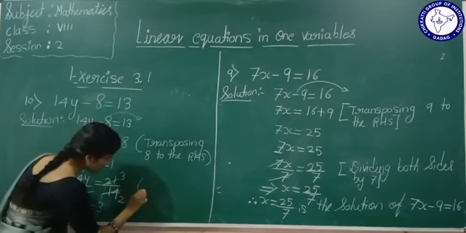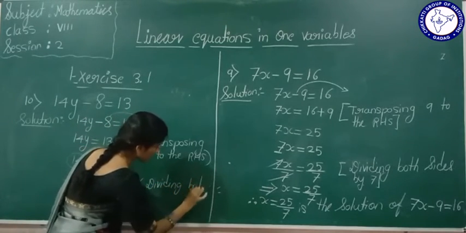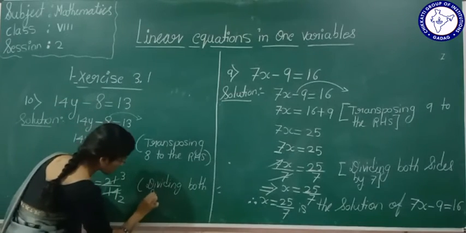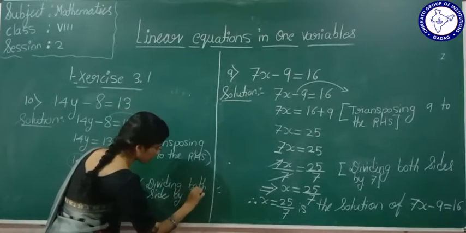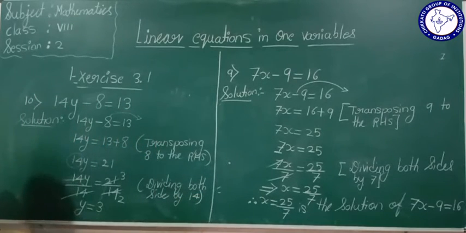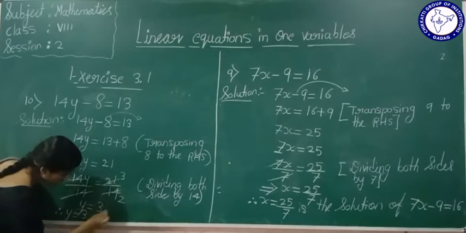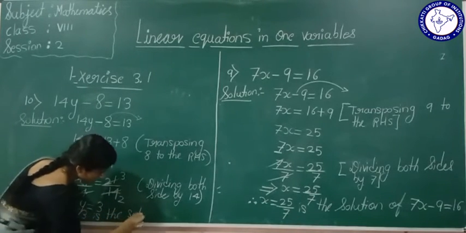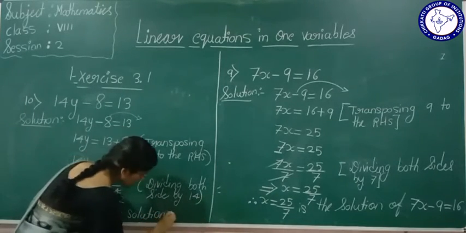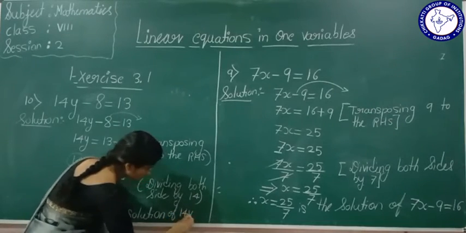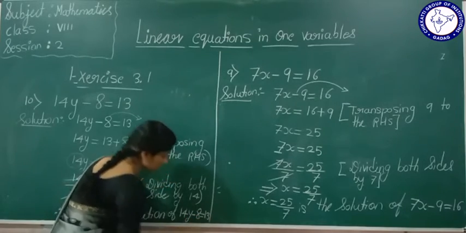So what have we done here? Dividing both sides by 14. Okay, therefore y is equal to 3 is the solution of 14y minus 8 is equal to 13.